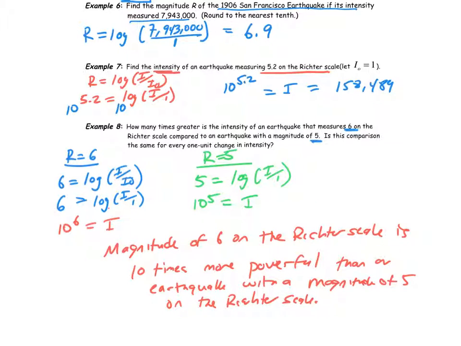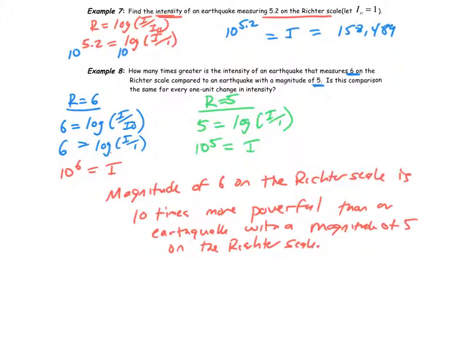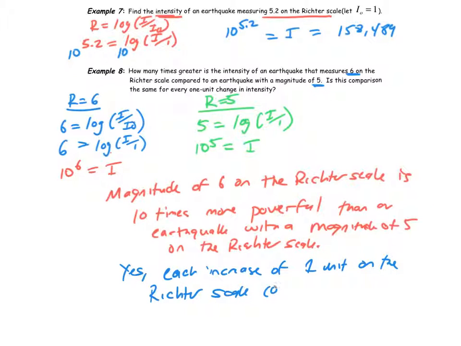Then we're asked, is this comparison the same for every 1 unit change in magnitude? The answer to this question is yes. Each increase of one unit on the Richter scale corresponds with a 10-fold increase in intensity.